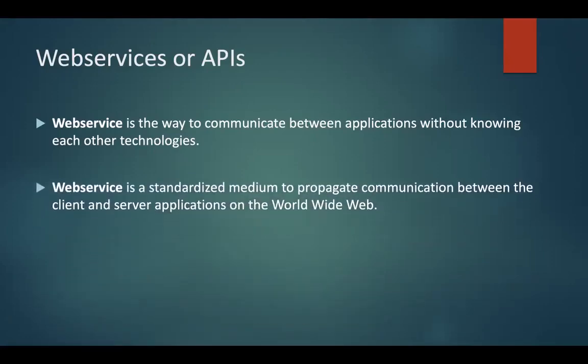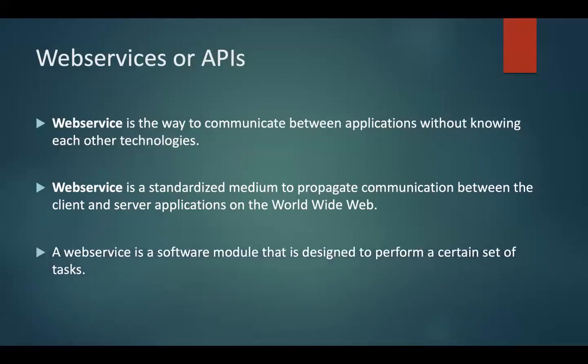A web service is a standardized medium to propagate communication between client and server on the World Wide Web. All the APIs you create can be used via the internet or the intranet. These are the web mechanisms to communicate with those applications. A web service is a software module designed to perform a certain set of tasks.